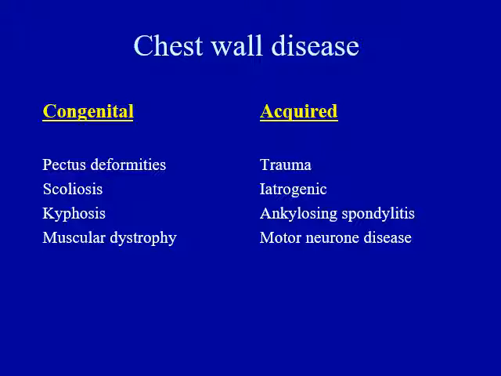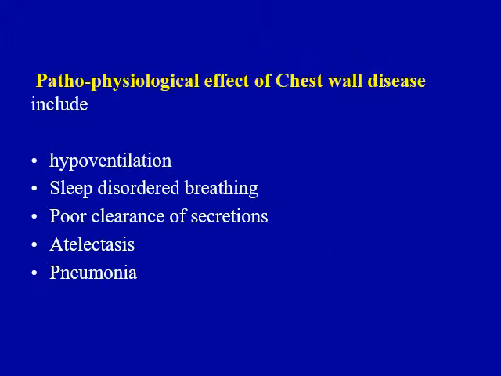And the last one is muscular dystrophy, a disease of the muscle which affects the chest muscles. The acquired could be either trauma to the chest, which results in fracture of the rib, or other diseases like ankylosing spondylitis or motor neuron disease, which affect the chest muscles.